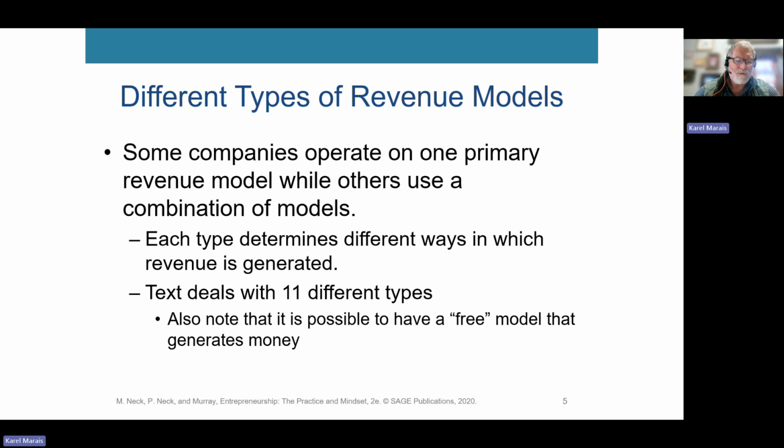So there's all types of different ways to look at this, and each type then determines different ways in which the revenue will be generated. The text deals with 10 or 11 different types of revenue streams. I mentioned that at the beginning, and I said I'd deal with that separately. I'm not going to deal with that tonight.